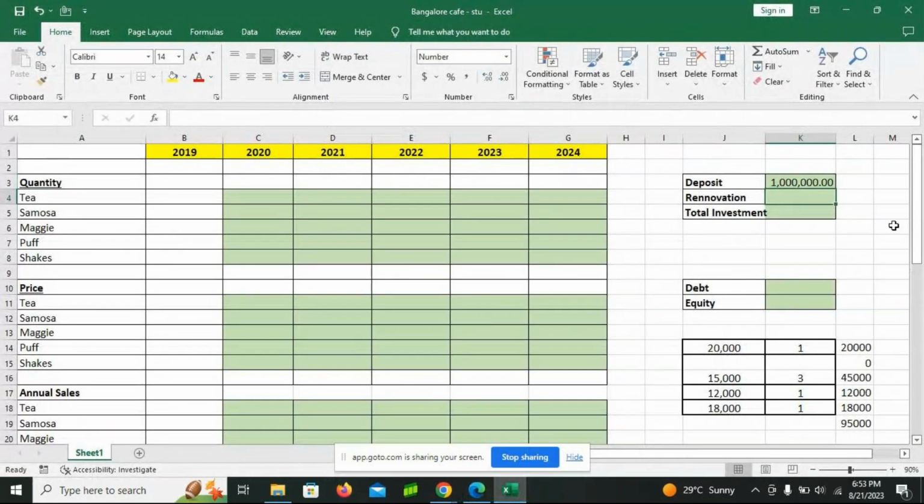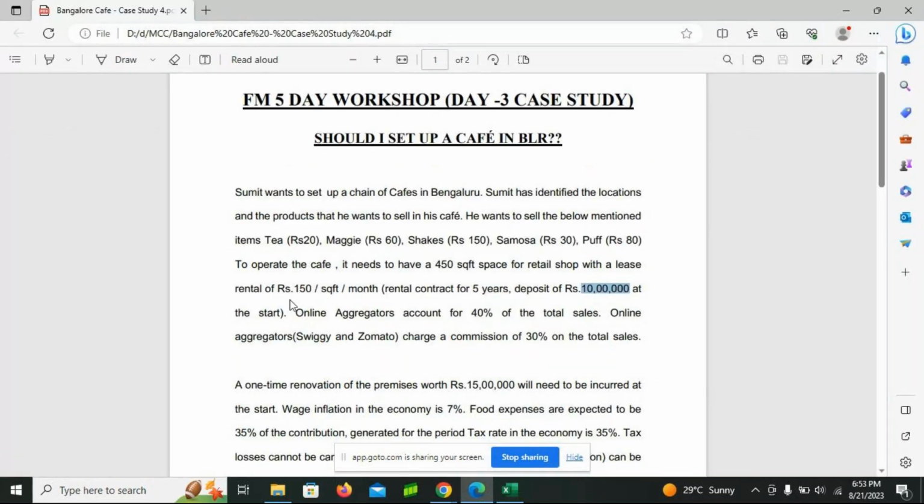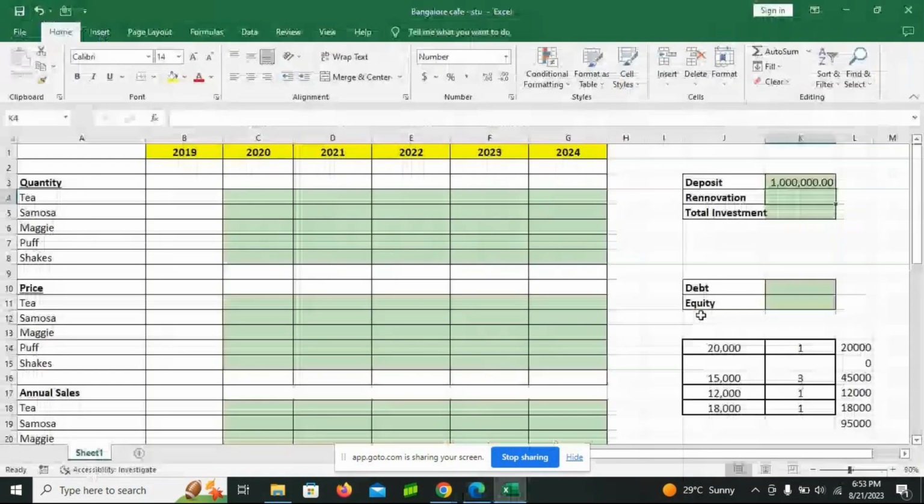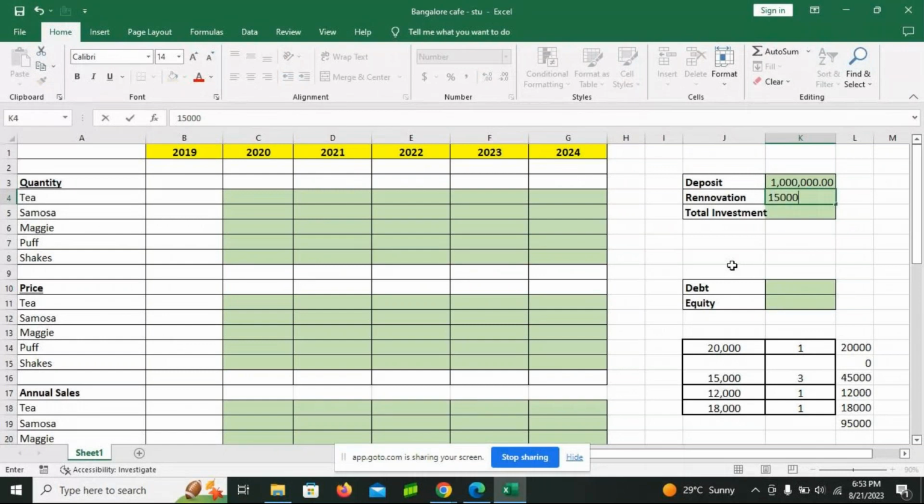And renovation, how much is it expected? Renovation is 15 lakh rupees. So the total investment is 25 lakh rupees.